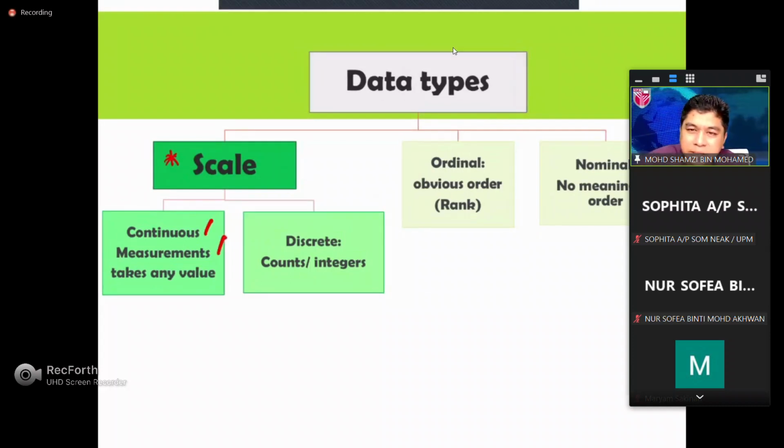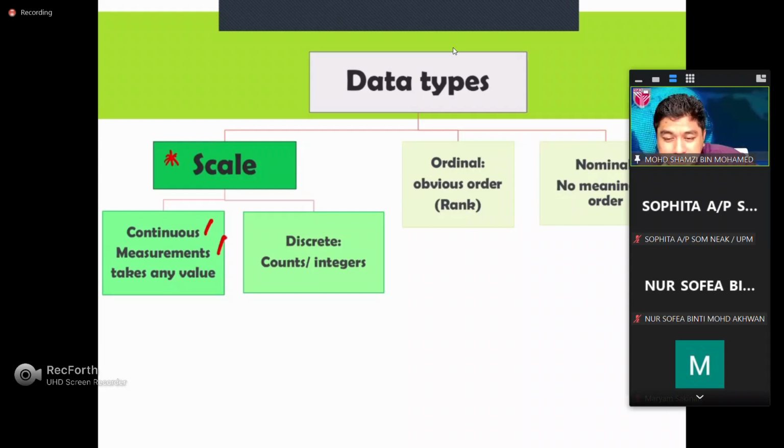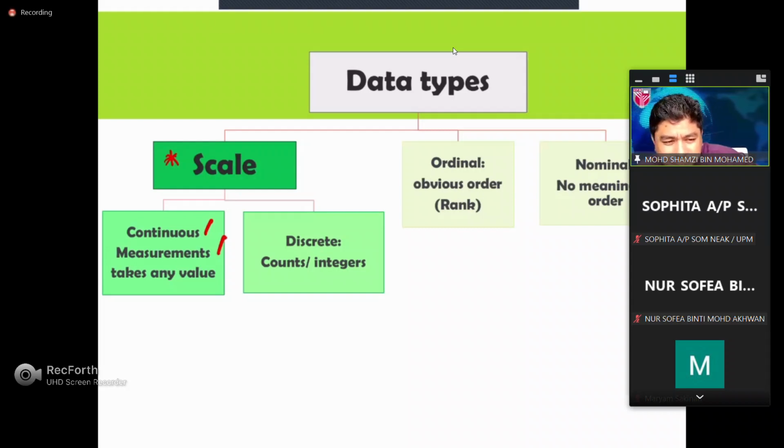Obviously, things that you measure are a quantity, can be, let's say, the weight of your chemical, the temperature of the room, and the pH of your solution. That takes a continuous unit.